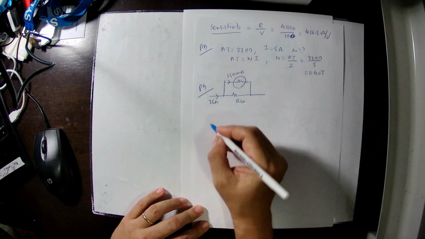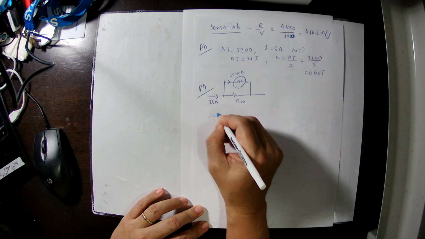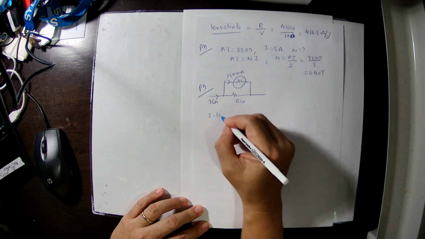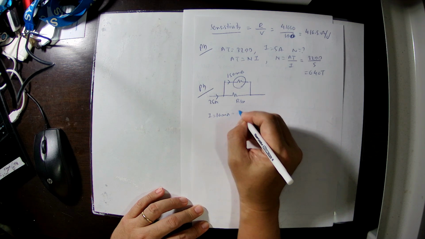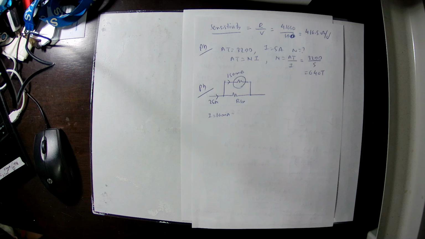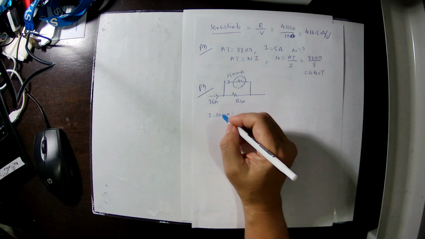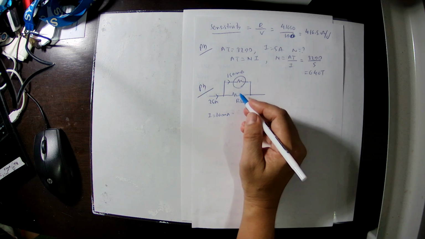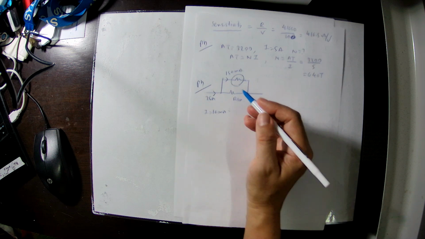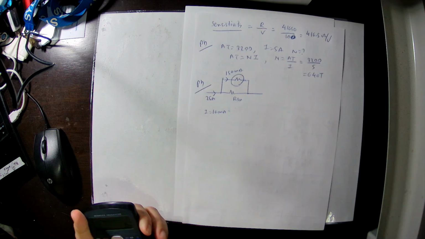So now current I is 96 milliampere flowing. Then we have to calculate, so that will be a ratio. So when the meter shows 96 milliampere, so 150 milliampere.